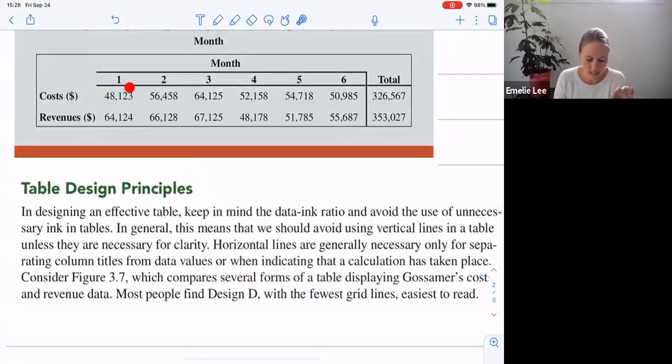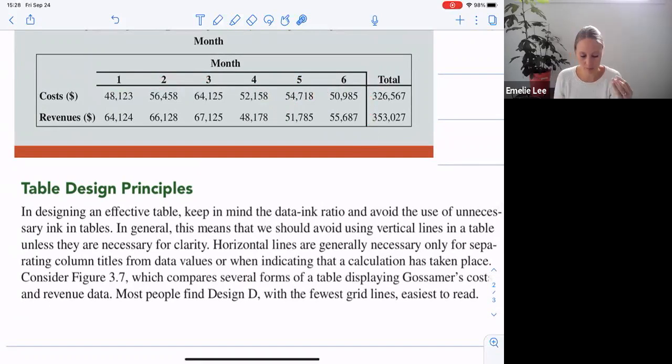So you really only need one horizontal line like this to separate the headers from the actual data. And then you need a vertical line at least to separate if you've done some sort of calculation.